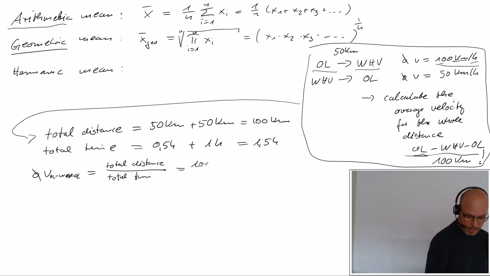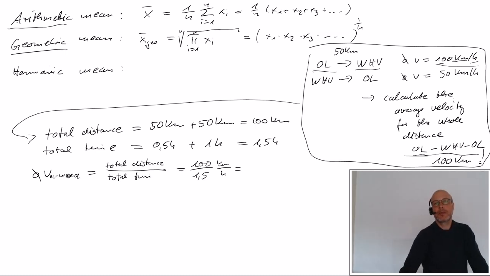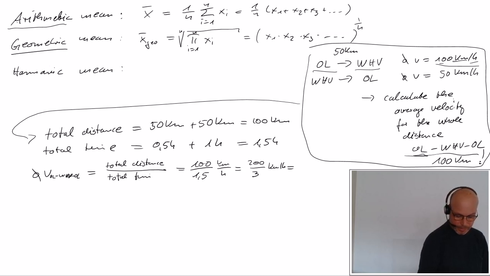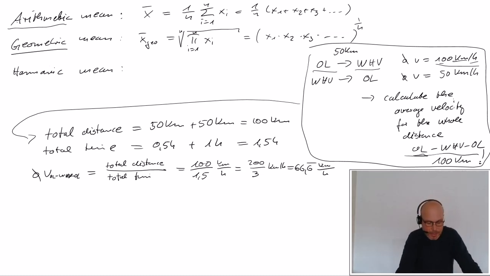And this is 100 over 1.5 kilometers per hour. If you calculate this, it is 200 over 3 kilometers, and this is then 66.6 kilometers per hour.